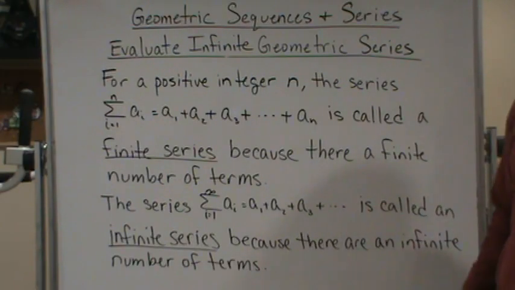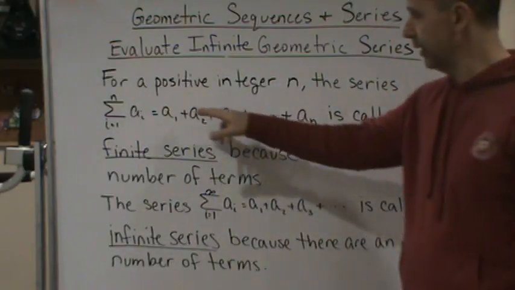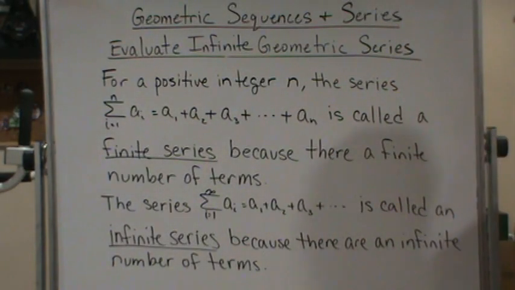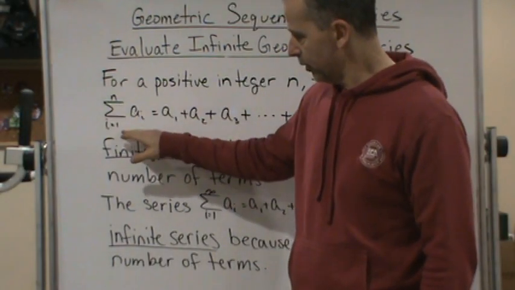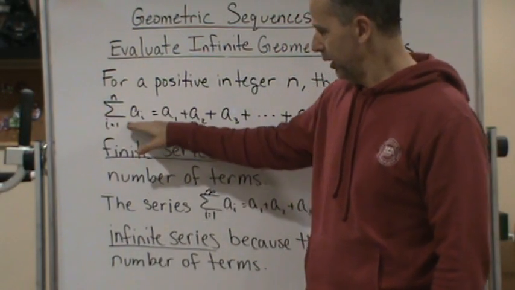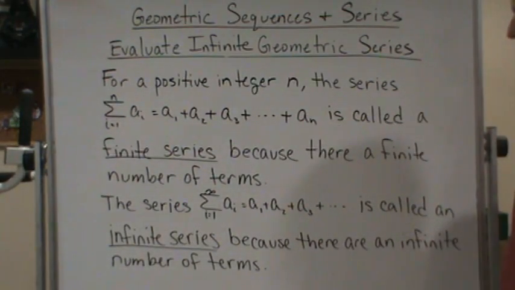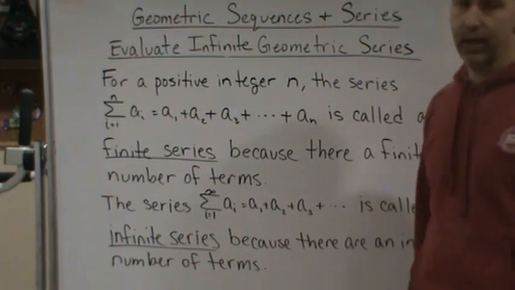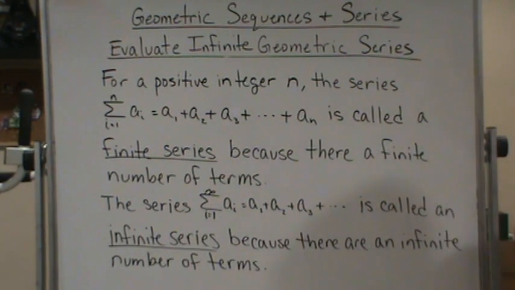So let's start with what a finite series is. For a positive integer n, the series denoted the summation from i equals 1 to n of a sub i, which equals this sum, is called a finite series because obviously there is a finite number of terms.